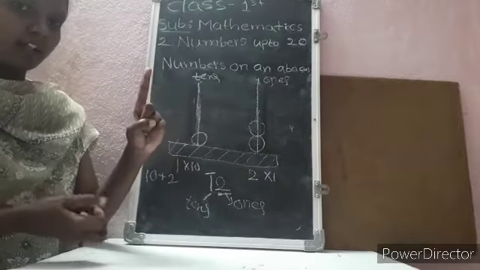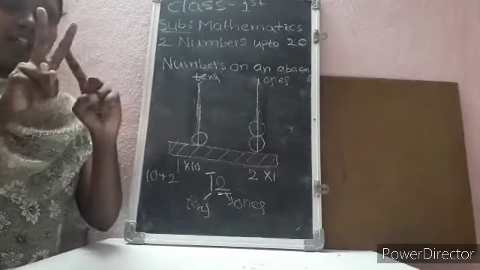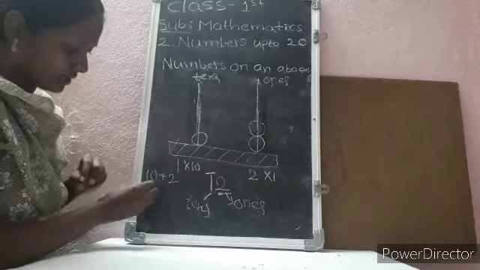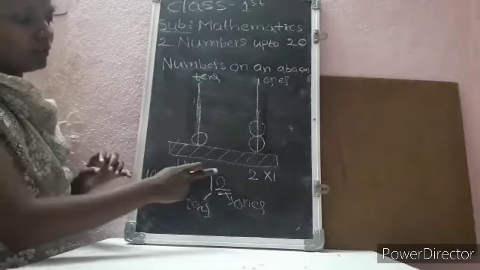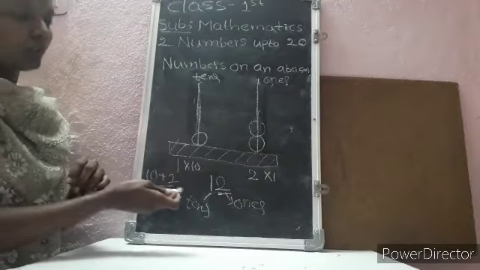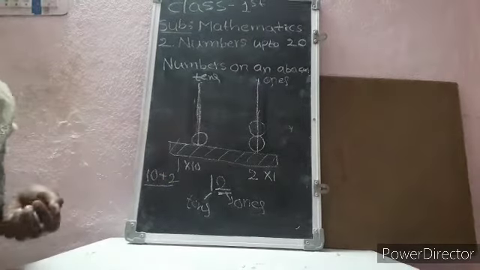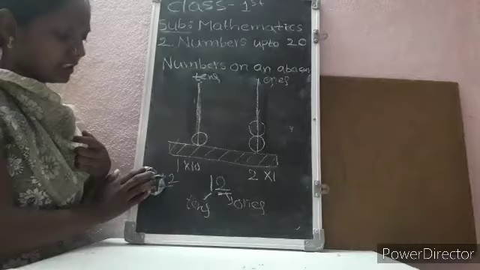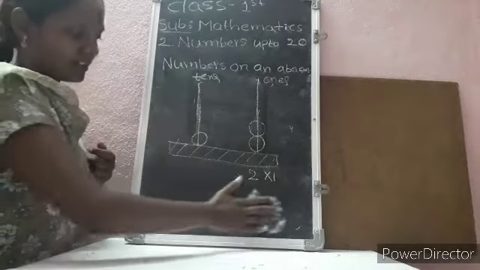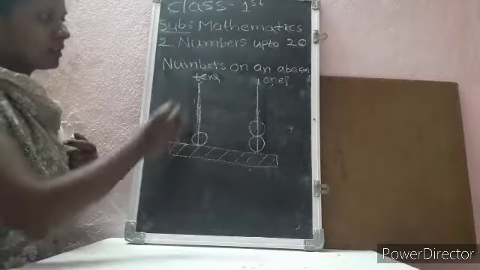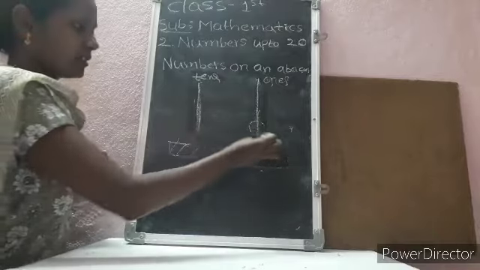So 10 plus 2, 10, 11, 12. So what is the value? 12. So this is the representation of the number on the abacus tool. Let's see another example. The answer is already given in your textbook.